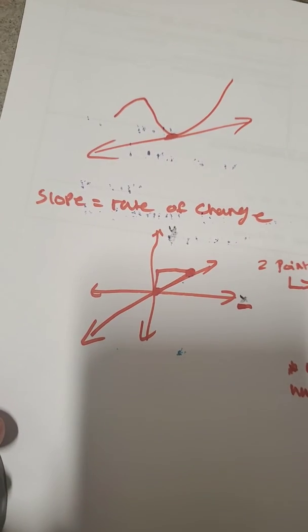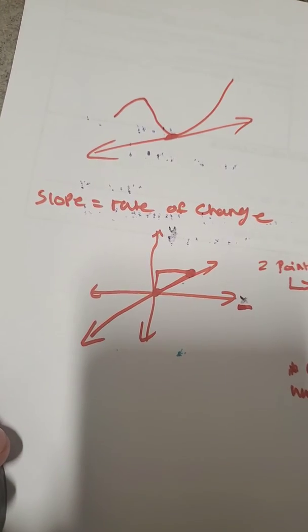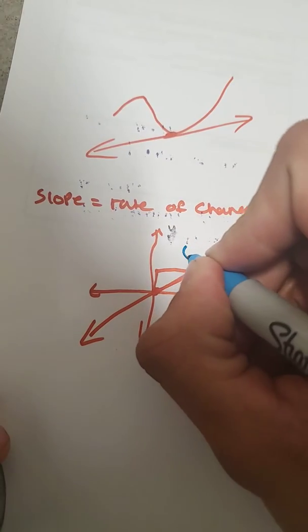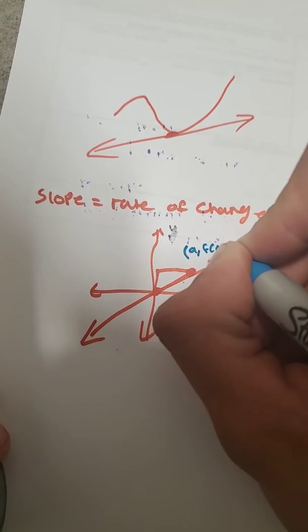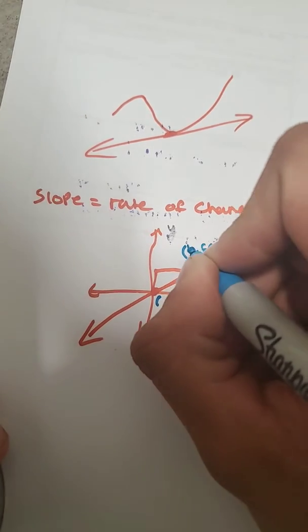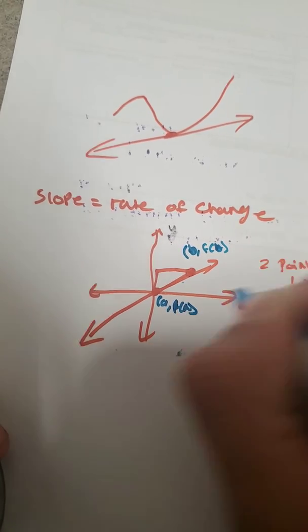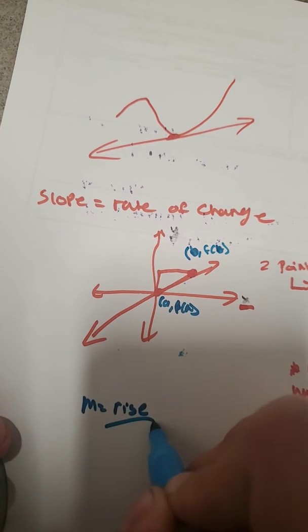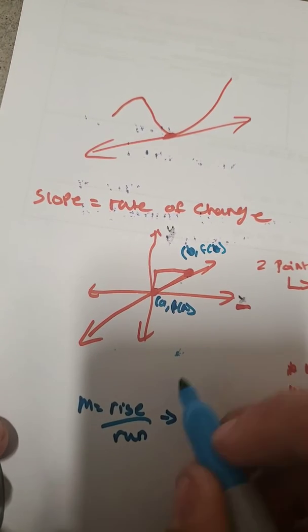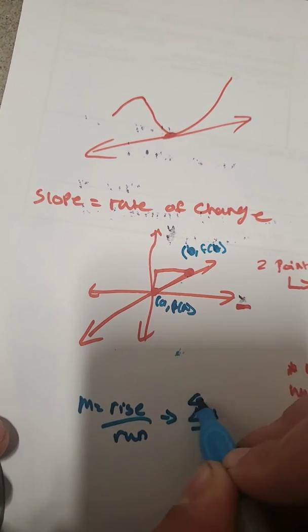If we're given 2 points, looking on this graph, this black marker's dead, so let's grab this blue one. If we call these f of a and f of b, and m is equal to rise over run, or delta y over delta x, this delta means a change.